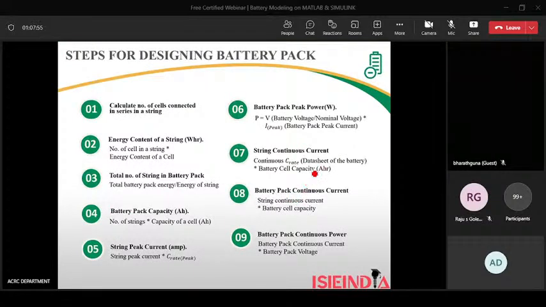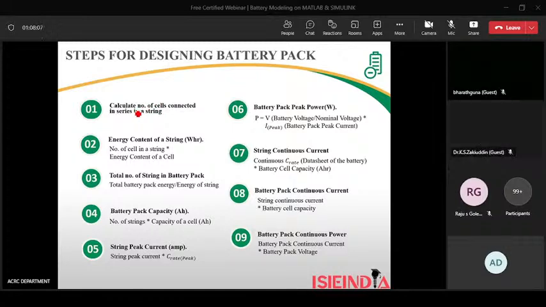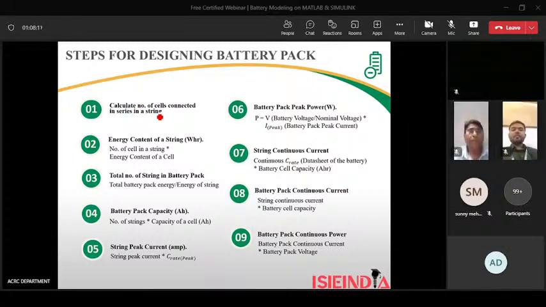These are the steps for designing a battery pack. One by one I will be discussing. The first one is to calculate the number of cells connected in series in a string.